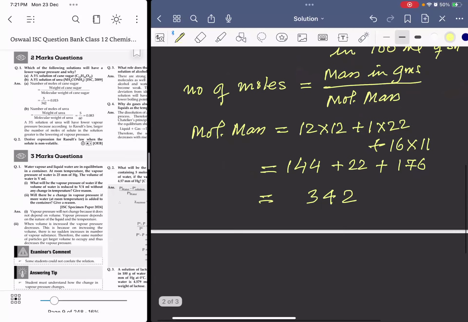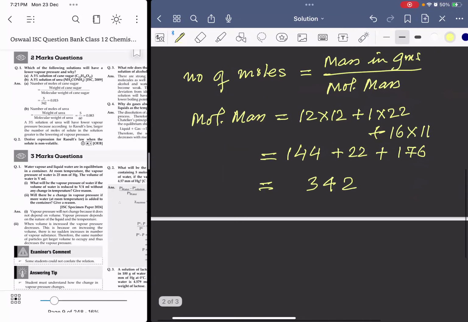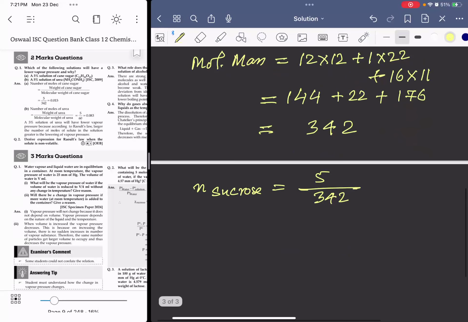So if you divide, you find the number of moles. The number of moles of sucrose, that is sugar, is the mass 5 divided by the molecular mass 342. In fact, in this case, you need not even divide. Let it be. We'll compare it later.